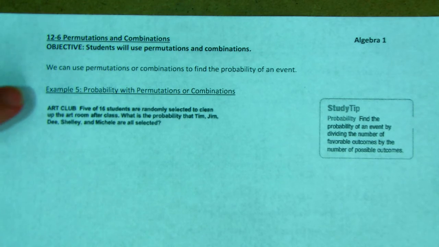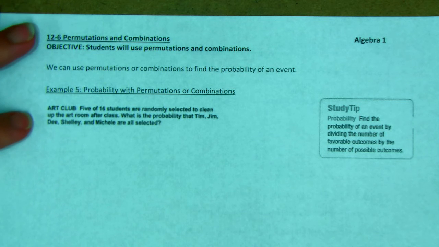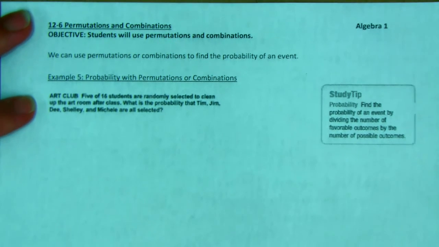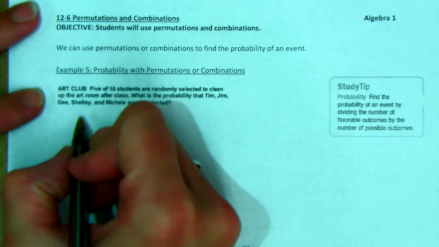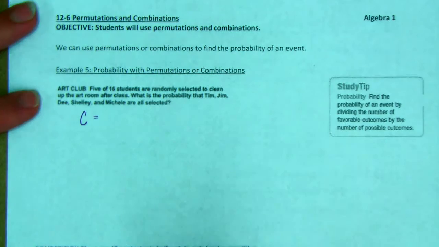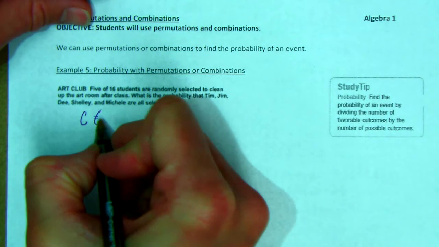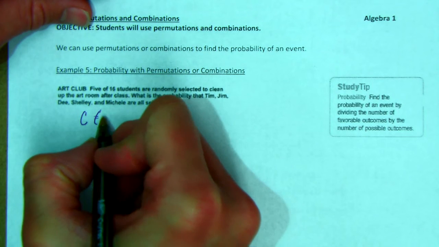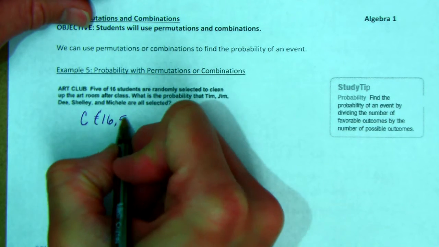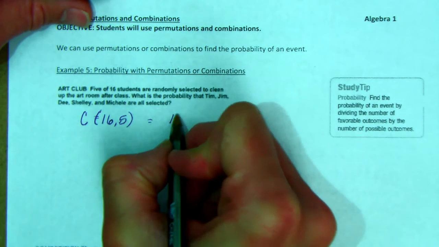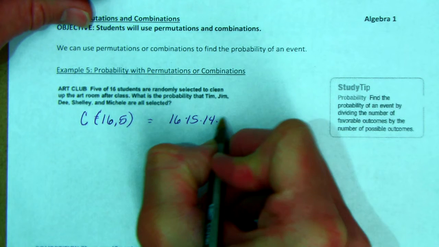Okay, 5 of 16 students were randomly selected to clean up the art room after class. What's the probability that Tim, Jim, Dee, Shelley, and Michelle are selected? That right there, folks, is a combination. So in that combination, we have 16 students chosen 5 at a time. So we've got 16, 15, 14, 13, 12 divided by 5, 4, 3, 2, 1.